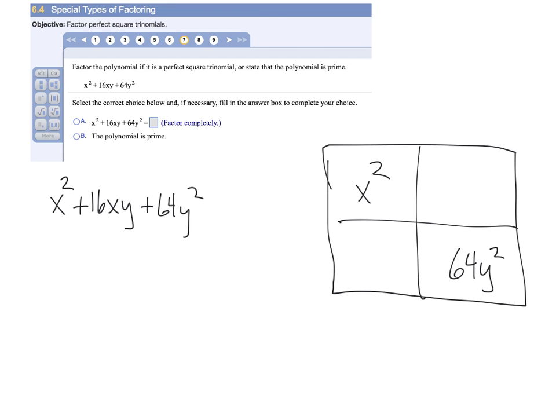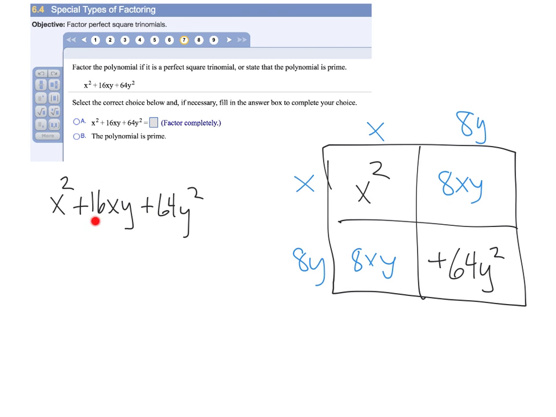So I've got x times x right here, and I've got 8y times 8y right here. And by the way, that's supposed to be a positive, so I should put the positive right there. And so when I fill in our internal terms, we get 8xy and 8xy.